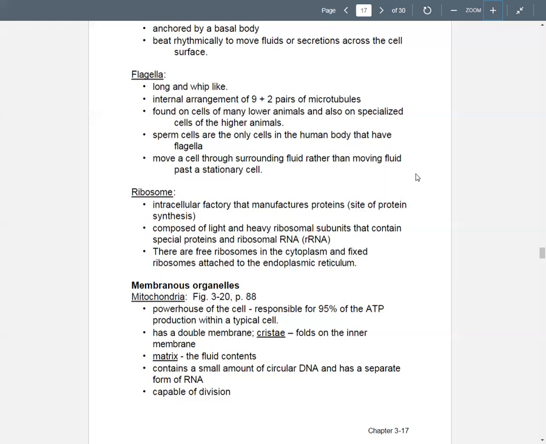All right, next organelle we're going to look at is the ribosome. It's intracellular, which means it exists inside cells, and its job is to make protein. This is where protein synthesis happens. It's made up of light and heavy ribosomal subunits, and they contain special proteins as well as ribosomal RNA.